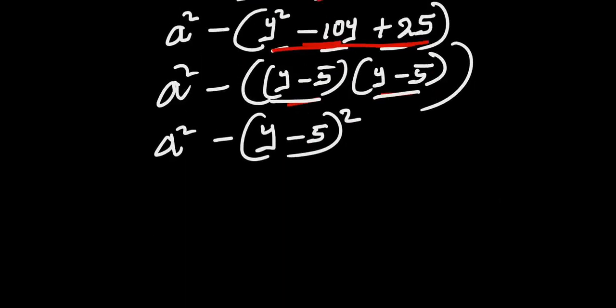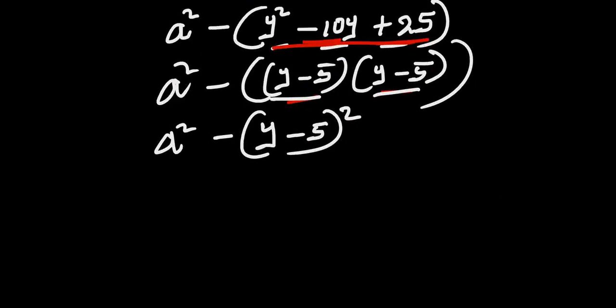So now to continue from here, we can say let y minus 5 be equal to, use any variable or any alphabet of your choice, equal to b.